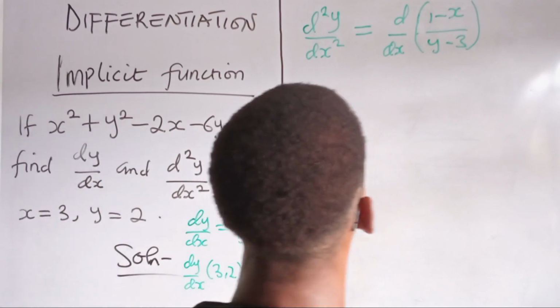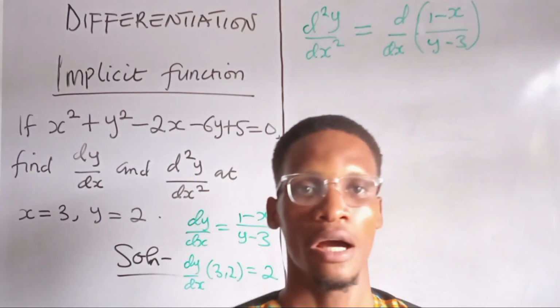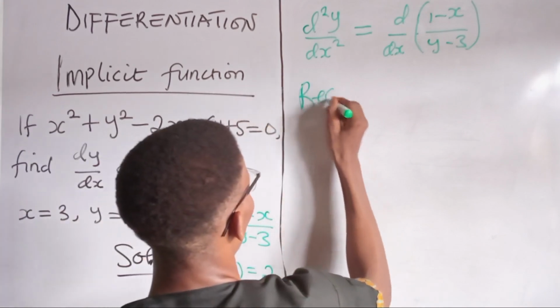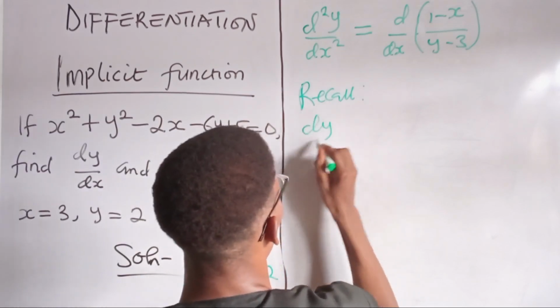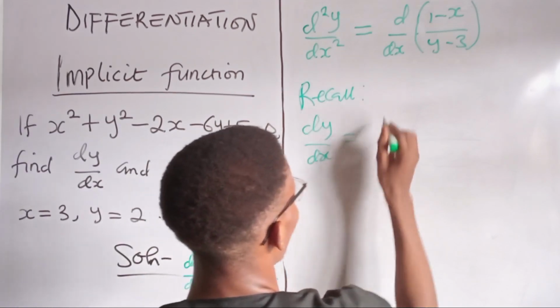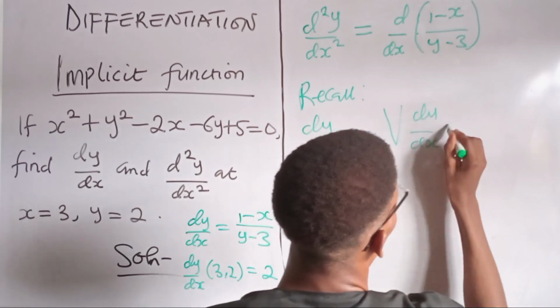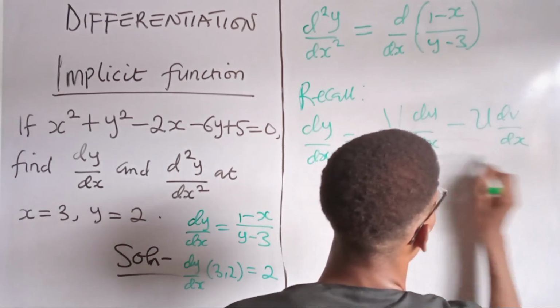So now we need to apply the quotient rule because it involves a division sign. We recall that the quotient rule states dy over dx is equal to v du over dx minus u dv over dx, all over v squared.